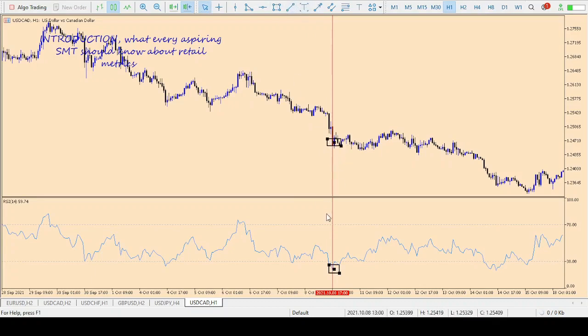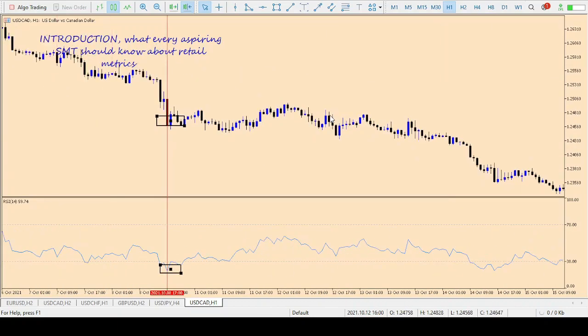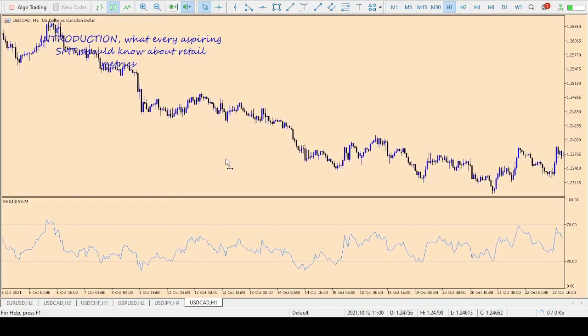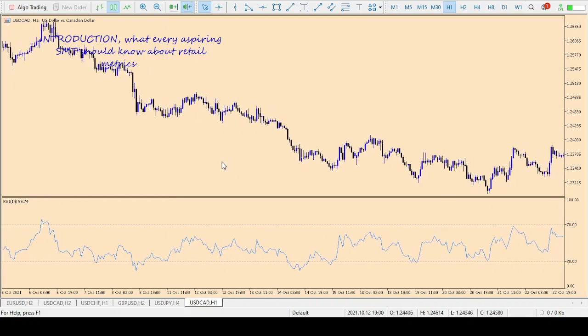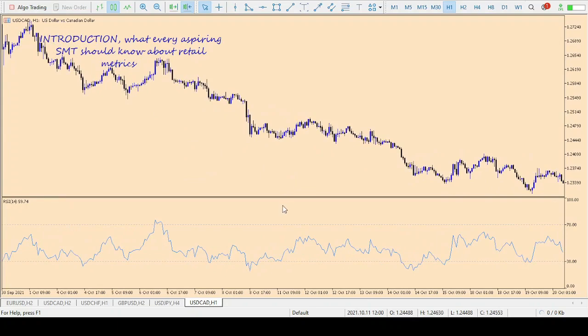And then if you take a buy right here, look at what price did. It just kept selling. It just kept dropping. So this is even the worst way to trade, overbought, oversold. If you use it for divergence as well, they also fail. There's something we call smart money divergence, SMT.